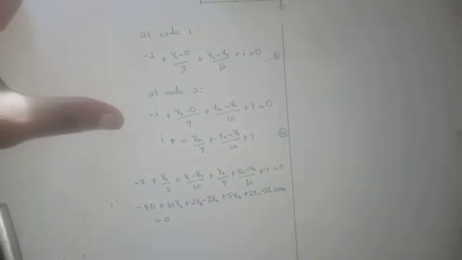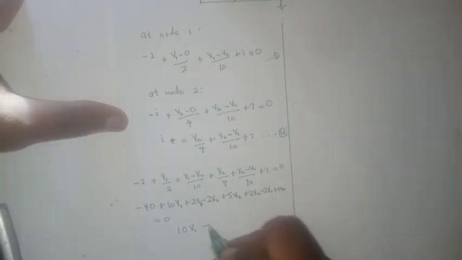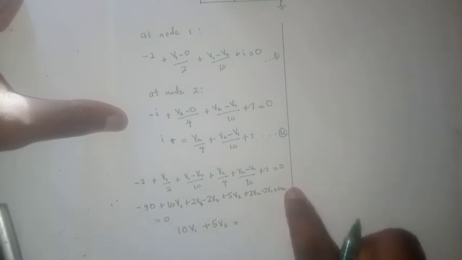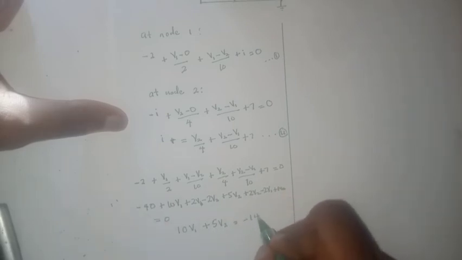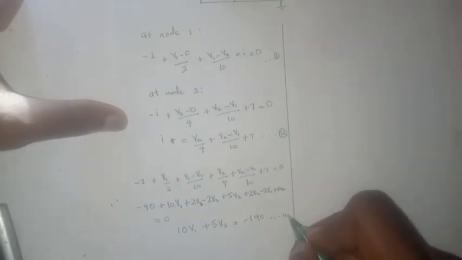The equation can be written further as 10V1 plus 5V2 equals minus 140, and we can call this our third equation.